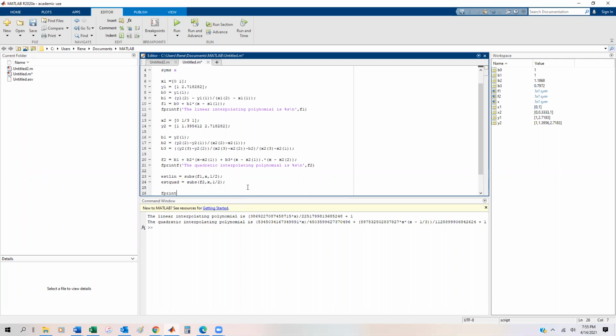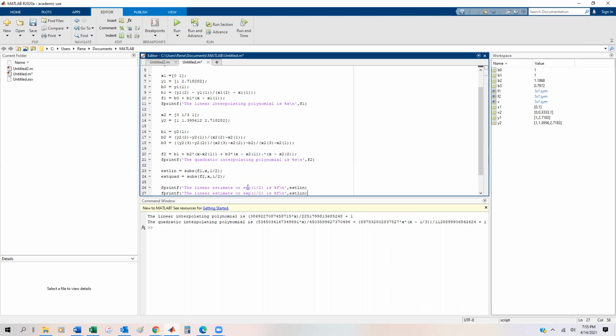And let's do an fprintf. We're going to say the linear estimate of exp(1/2) is %f and \n, and that's going to be est lin. Then I'm just going to copy this and cheat, and we'll say this is now the quadratic estimate, and it's going to be est quad.